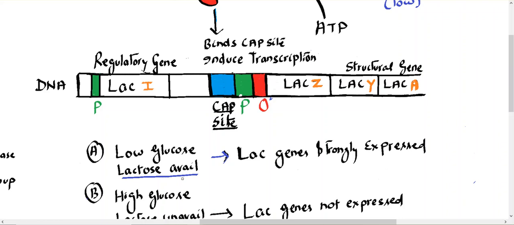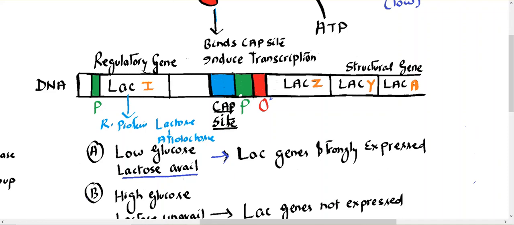Because lactose is available. So if I explain that concept here, as we saw in the previous page, the lactose produces a molecule called allolactose. Now what is the function of allolactose? As we saw, the Lac I gene is producing a protein called the repressor protein.